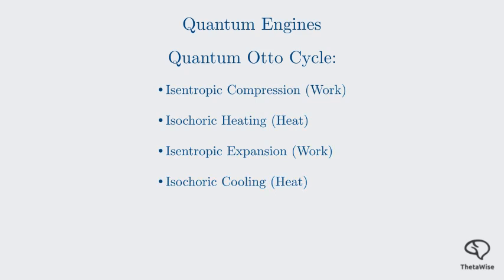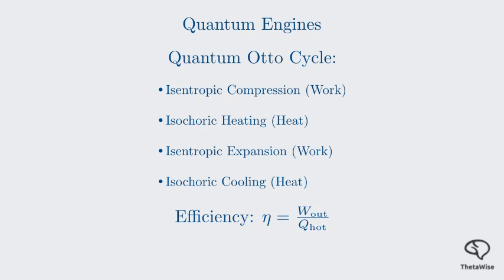The efficiency of a quantum engine is defined in the same way as a classical engine, the ratio of the work output to the heat input. Efficiency, eta, is the work output divided by the heat input from the hot bath. A remarkable result is that the efficiency of a quantum Otto engine can exceed the classical Carnot limit if the working substance is prepared in a quantum coherent state.